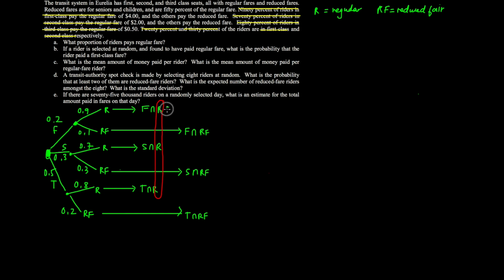So this is going to equal 0.2 times 0.9, so 0.18. This is going to equal 0.3 times 0.7, so 0.21. And this is going to equal 0.2 times 0.8, so 0.4.